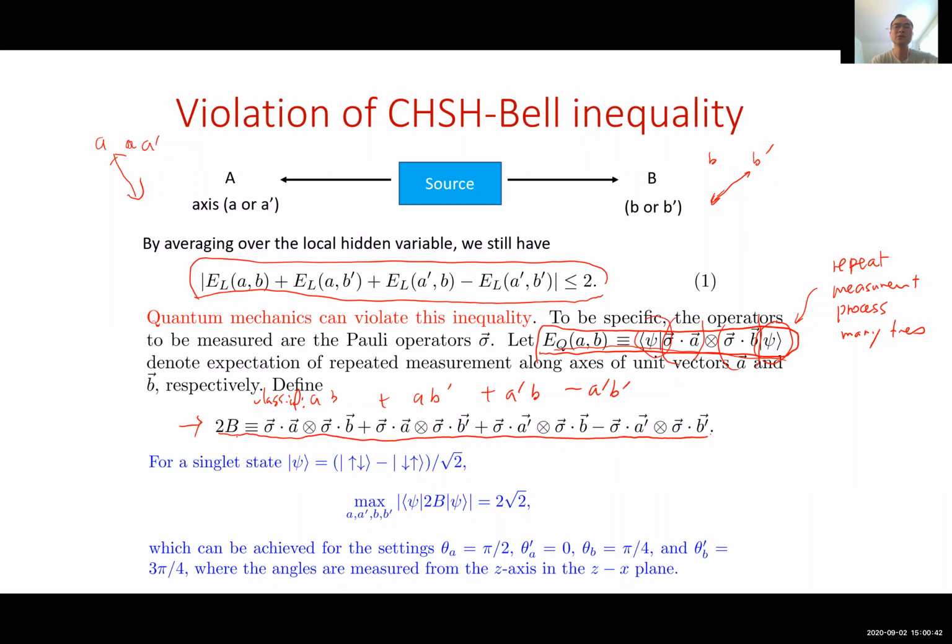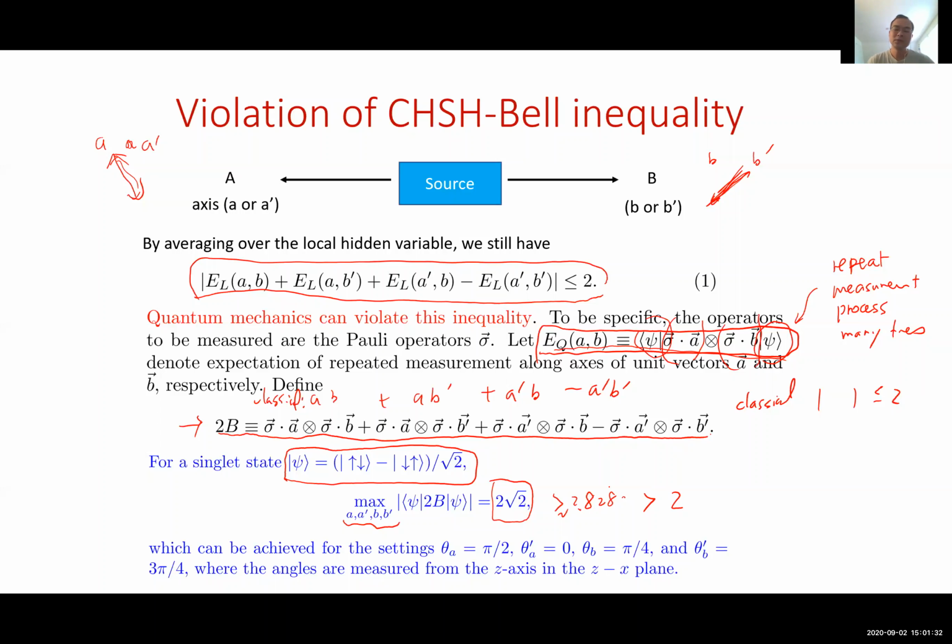For classical, I have that combination to be less than 2, but for quantum mechanics, if you choose a specific state, an entangled state, a singlet state, and if you optimize the orientation of the combination of these axes, you will find a setting which gives the value 2 square root 2, roughly 2.82, which is substantially greater than 2.